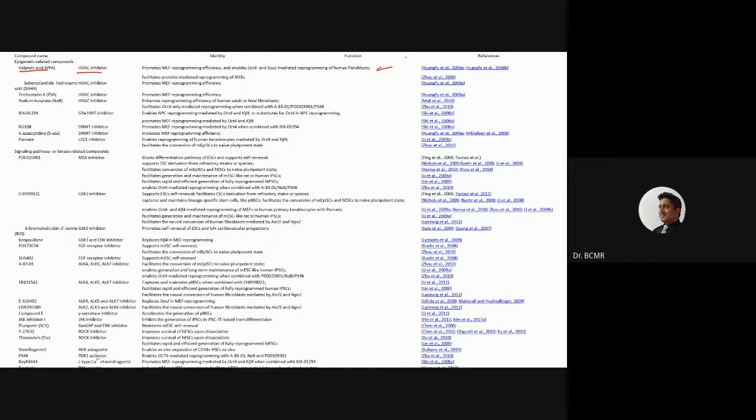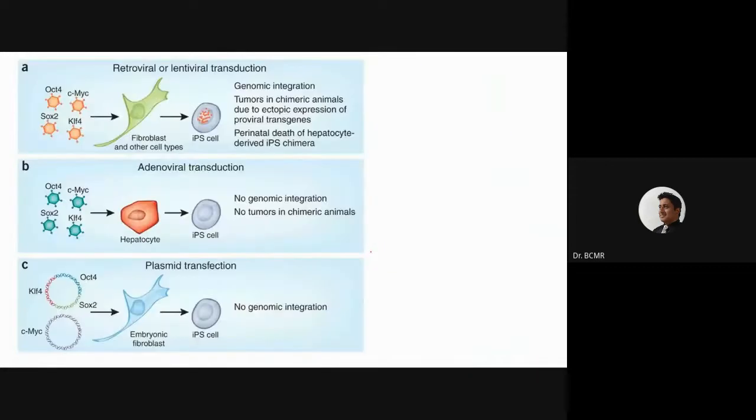So the non-genetic methods are what we have discussed. One of them is using protein transduction domains. We have also discussed small molecules, synthetic molecules that can be used directly for reprogramming to happen. There are other methods, the genetic methods, where you could have cloned OCT4, c-MYC, SOX2, KLF genes into retroviral or lentiviral vectors and then allow them to infect the fibroblasts or some other cell types.